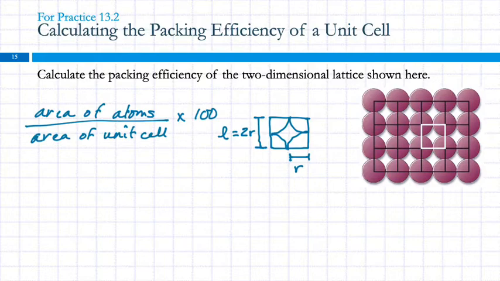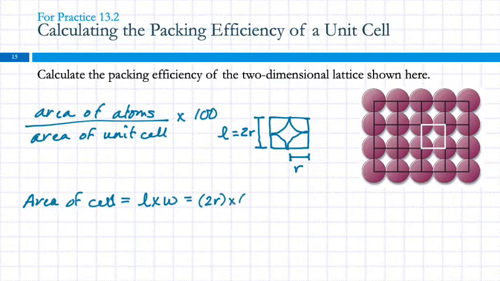The length times the width, right? The area of the cell equals length times width, which is 2R times 2R. So that will be 4R squared. Okay with that?